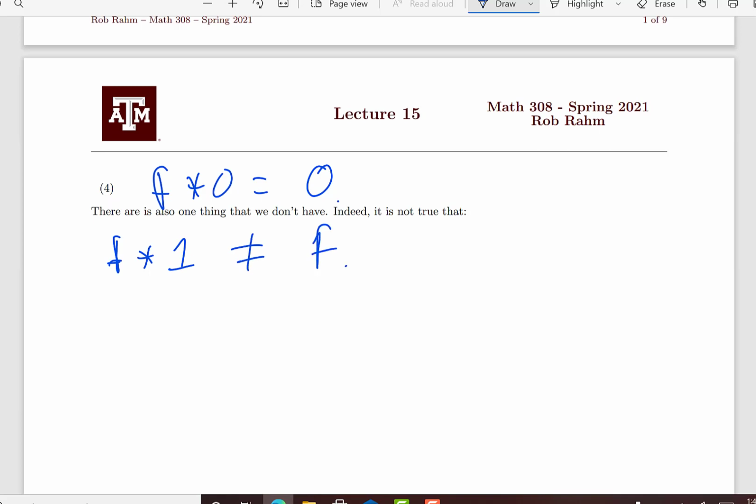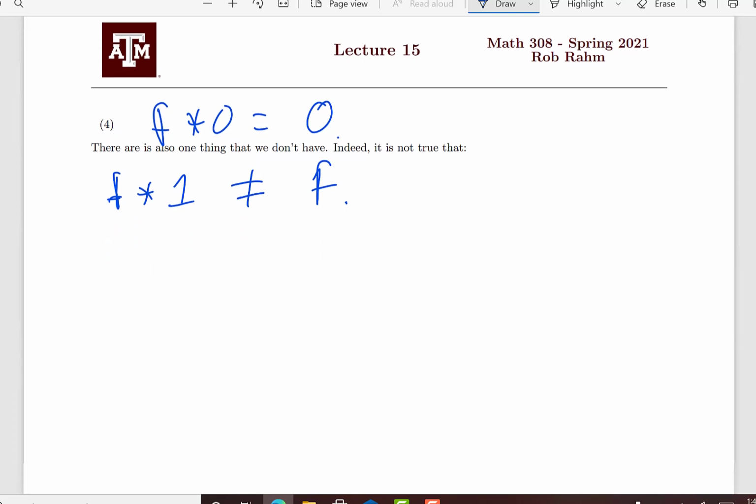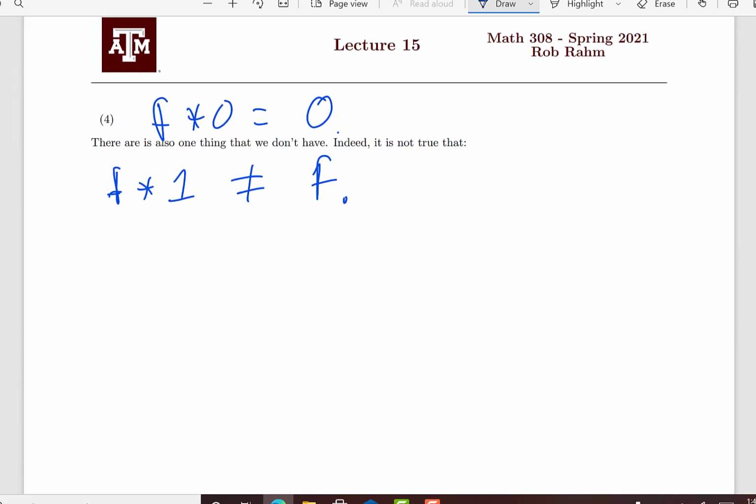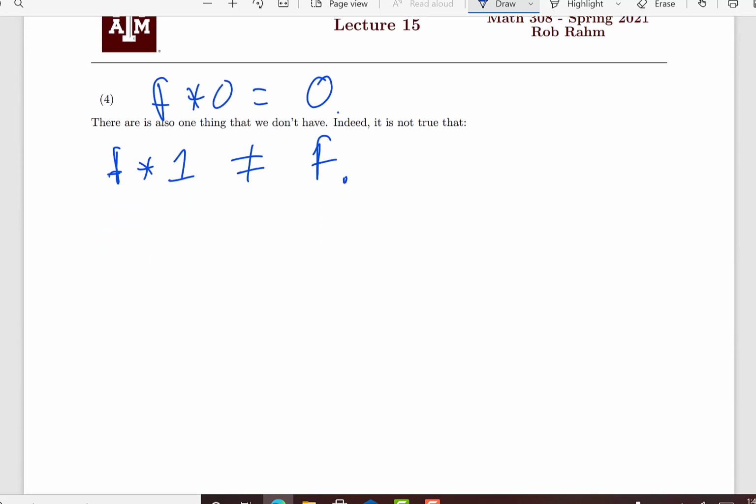If convolution acted a lot like multiplication, we would expect this identity to hold. But as a matter of fact, this identity does not hold, and you can see that for a number of reasons. If you just pick some function f and do the convolution of f with 1, you'll see it's not equal to f.